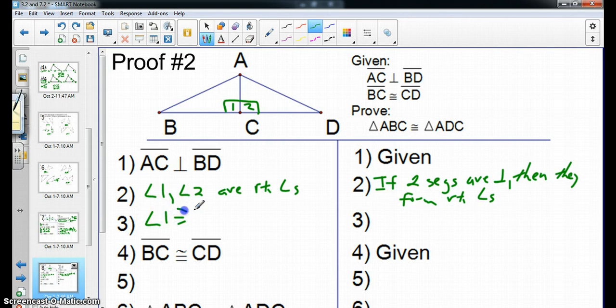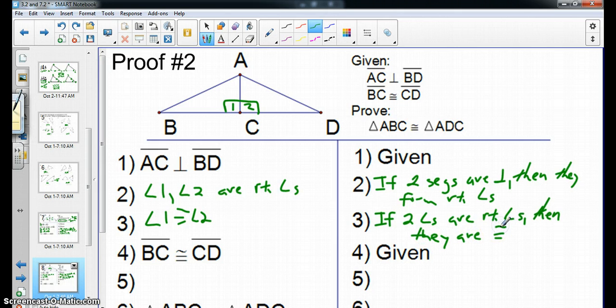Therefore, we can say that they are congruent, if two angles are right angles, then they are congruent. We have our next given, BC is congruent to CD.